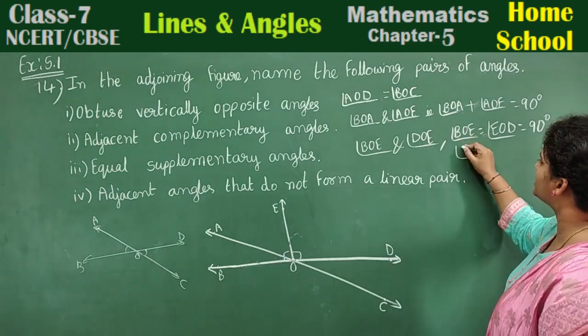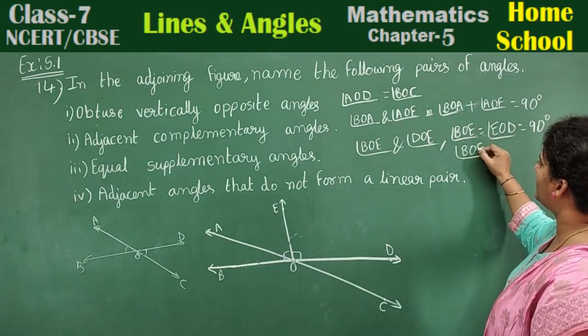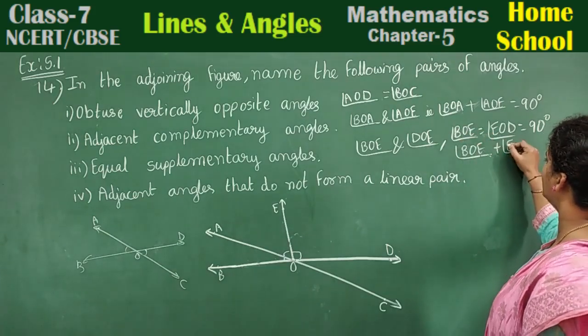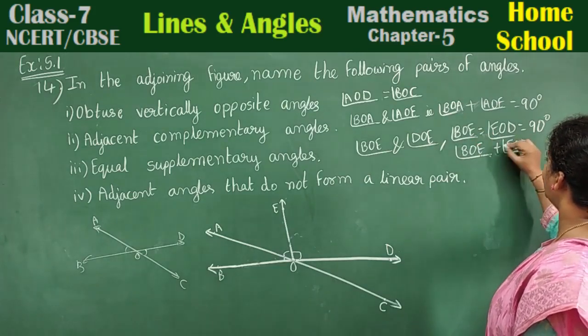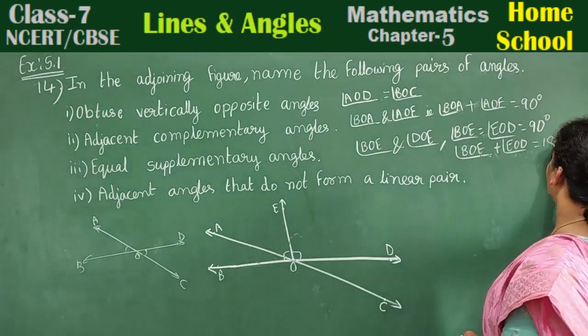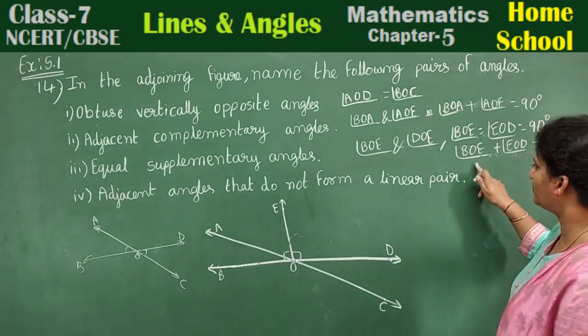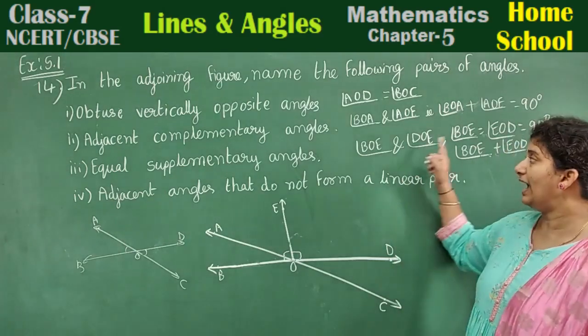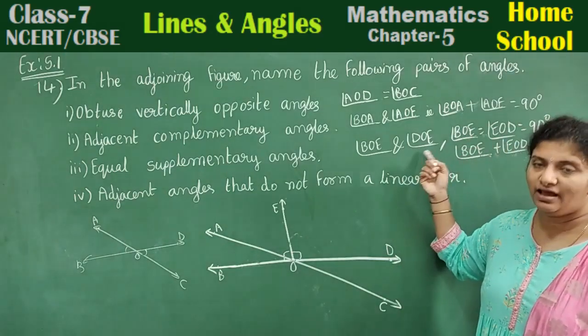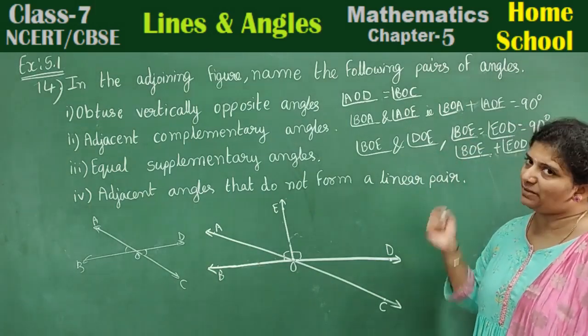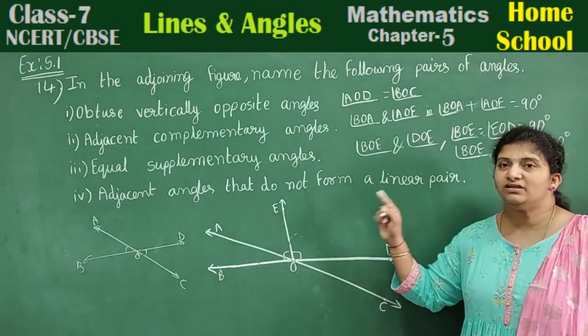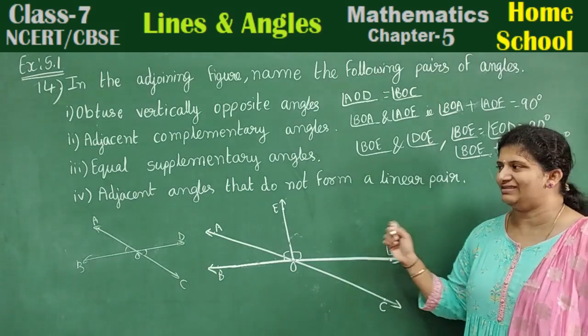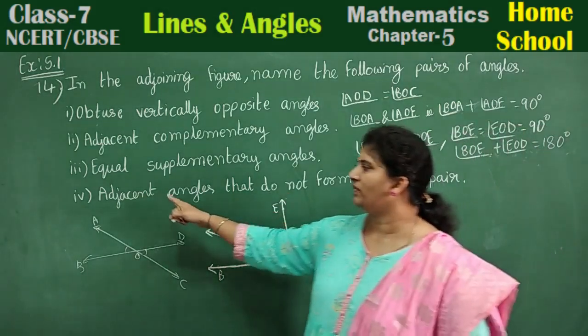Then when it is supplementary, angle BOE plus angle EOD is equal to 180 degrees. That means 90 plus 90 will be 180 degrees. They are equal angles and their sum will be supplementary. Equal supplementary angles. See the next one.